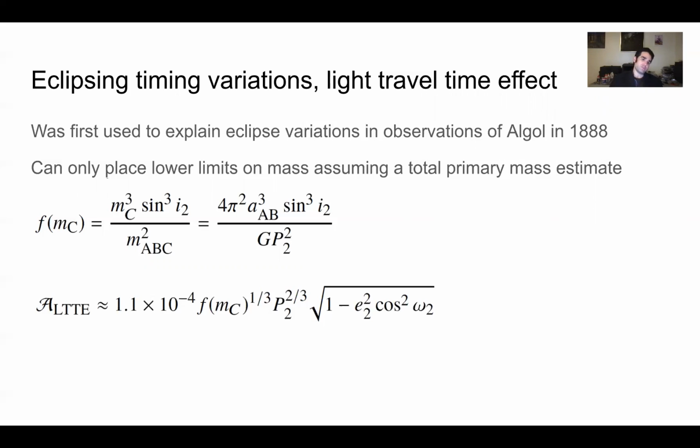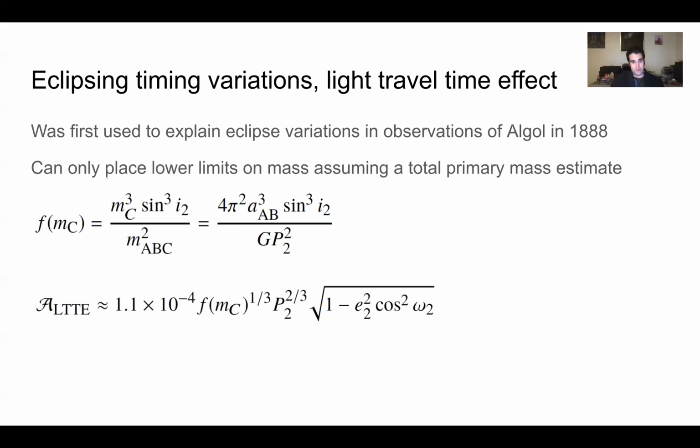But all those things staying equal, the main influence here is the period of the tertiary, which is inversely proportional to the amplitude. So the longer the period, the smaller the amplitude that you are going to have.